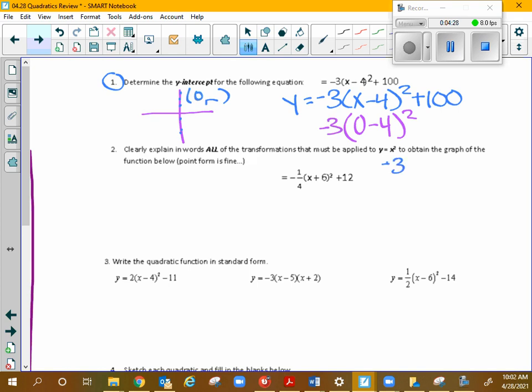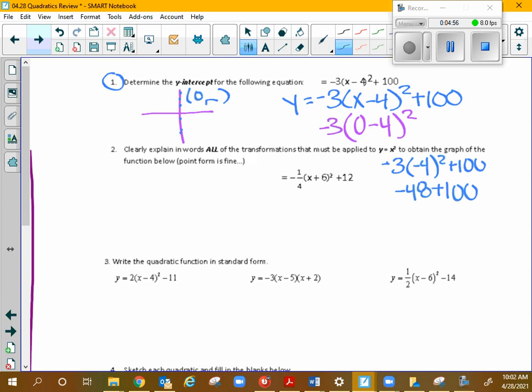So negative 3 times negative 4 squared plus 100. What's negative 4 squared? Positive 16. Positive 16 times negative 3. Use a calculator. Negative 48 plus 100. 52.